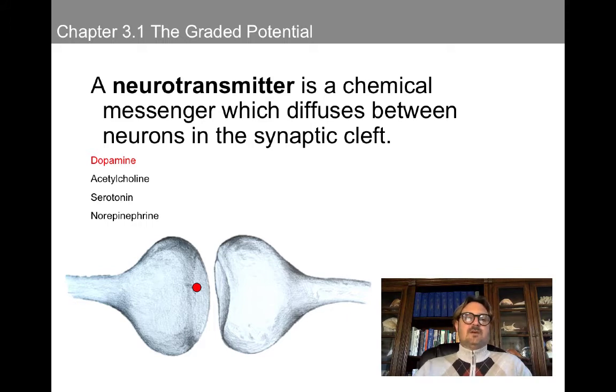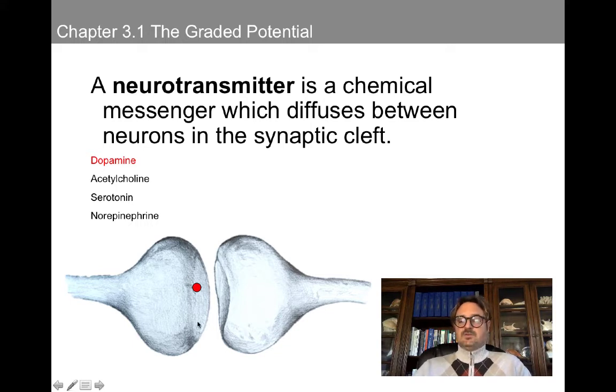We're also going to talk about serotonin, which has many different roles when it comes to neurosis, depression, appetite, sex, pain, and then finally norepinephrine, also called noradrenaline, which plays a very important role in the sympathetic fight or flight response. But these neurotransmitters are produced here in the presynaptic neuron.